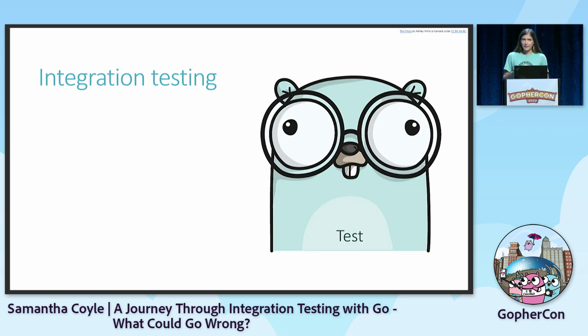So naturally, I'll be talking about a journey through integration testing. So we'll focus on that test phase of SDLC, right? So we've gone through some of this process, and we're ready to focus on that testing piece and get that confidence that our solution works as we expect. With integration testing in particular, I've seen a few different definitions, right?